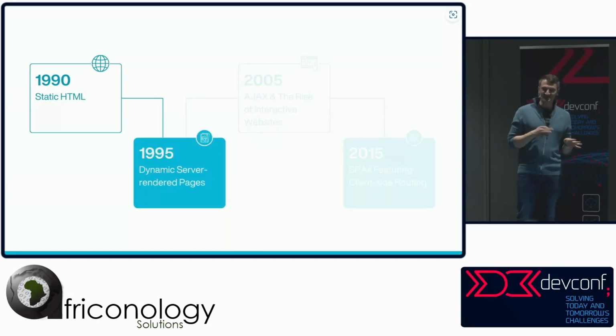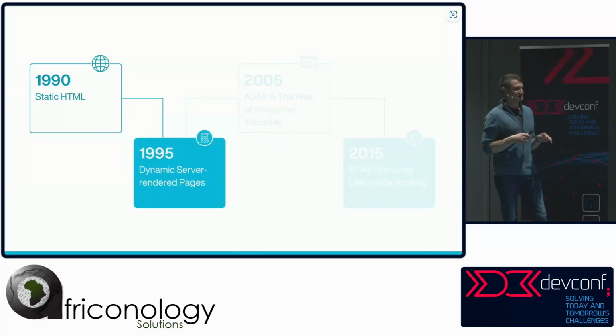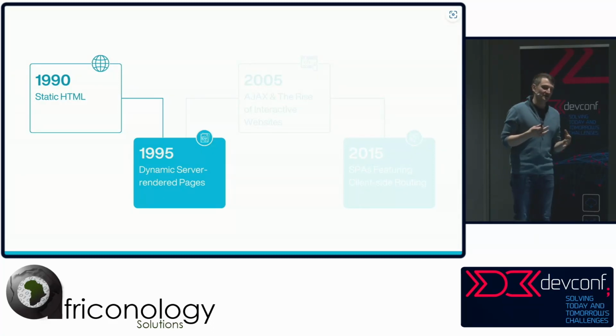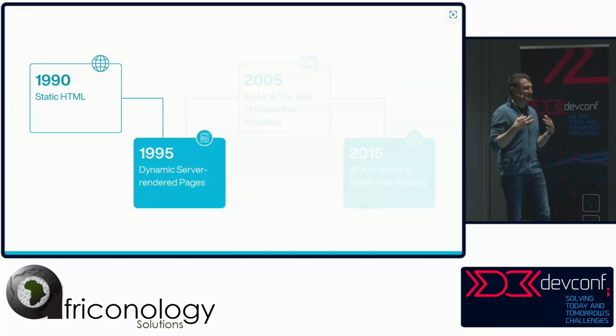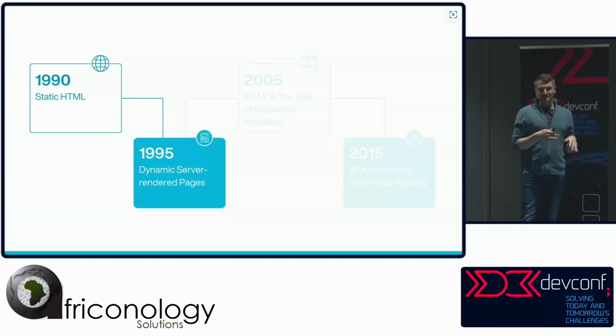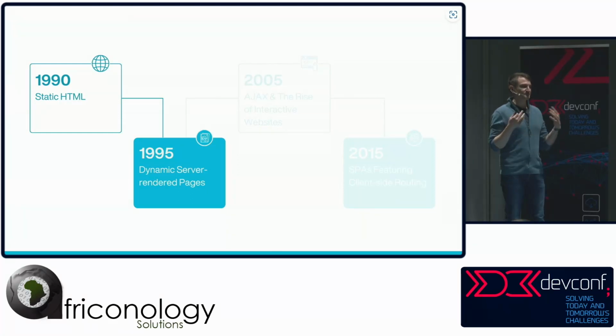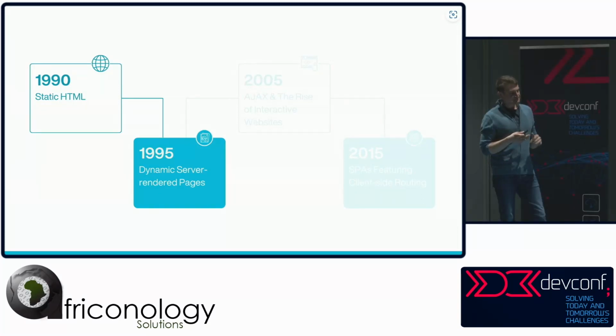But then somewhere around the year 1995, we decided we needed some dynamic rendering on the server side. A couple of server-side languages were invented around this time, like PHP, which many of us maybe still know and use.